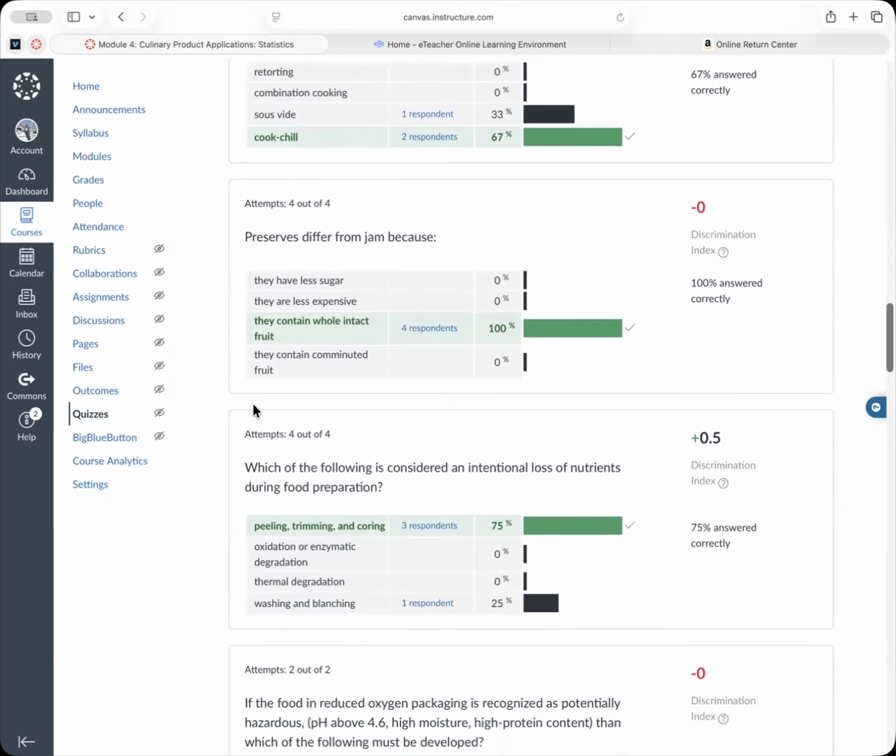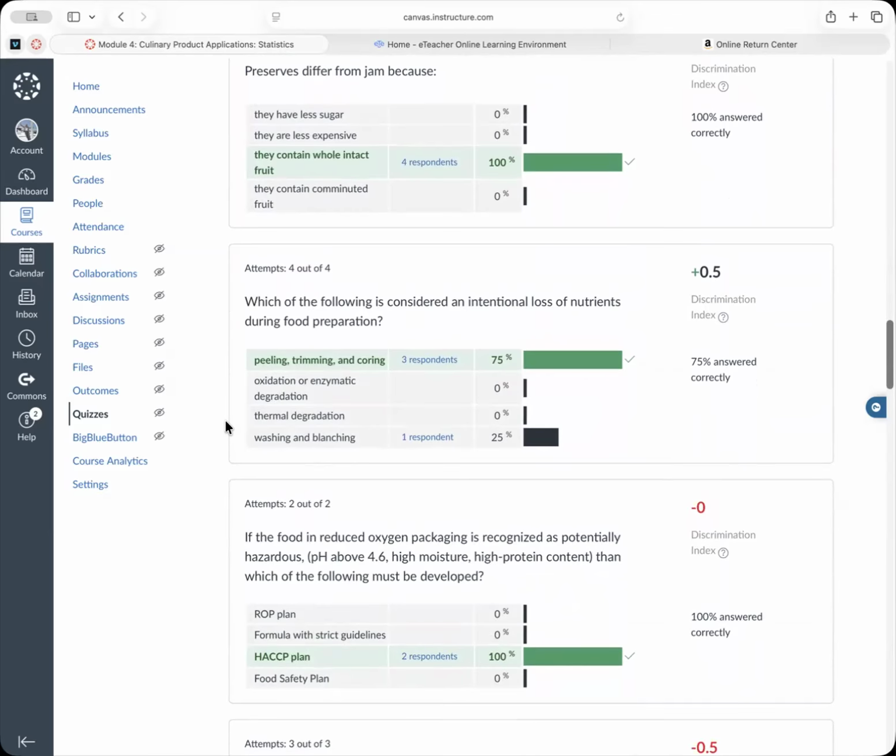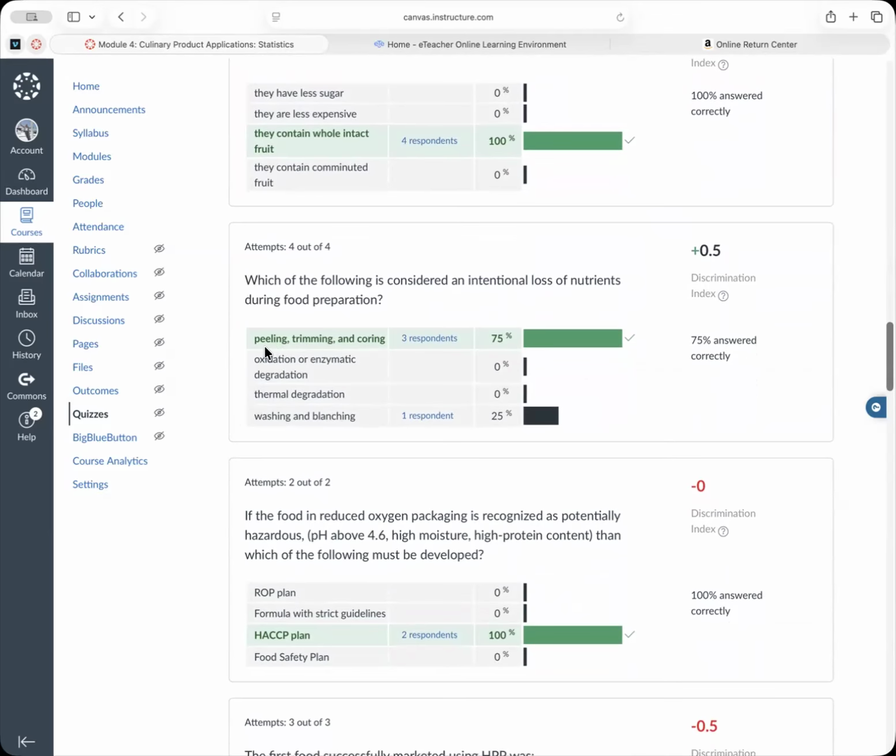Which of the following is considered an intentional loss of nutrients? Peeling, trimming, and coring. Every time we discard something, whether it's a peel or trimmings, we're losing the nutrients that are in that. So that is intentional loss of nutrients.